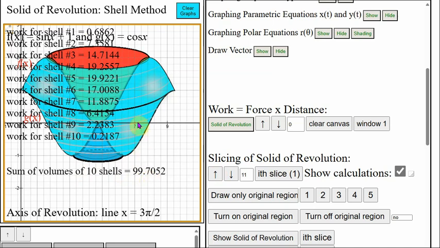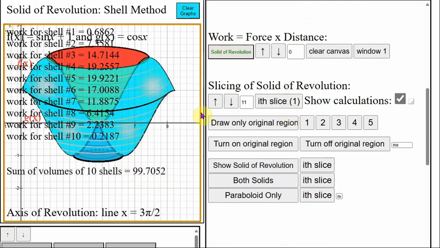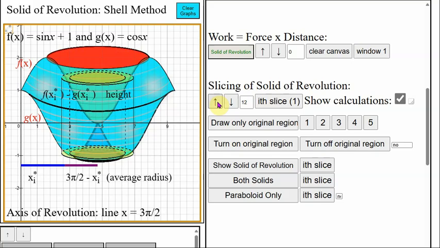And therefore, the solid of revolution that we want will have a volume that is approximately 99.7. And so if we want the exact answer, then we need to divide the solid of revolution into an infinite number of shells. And here's what one shell will look like.